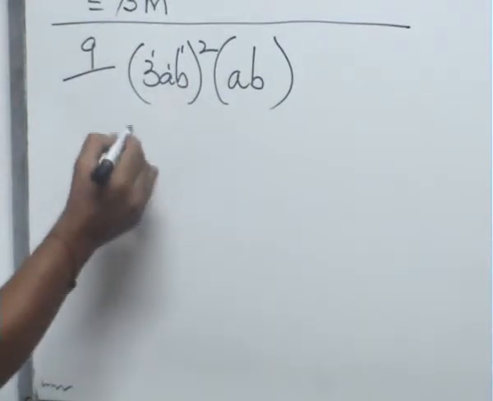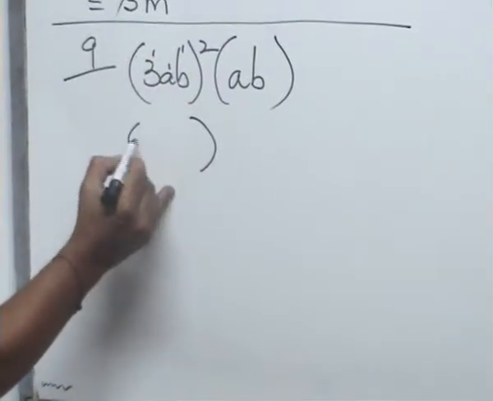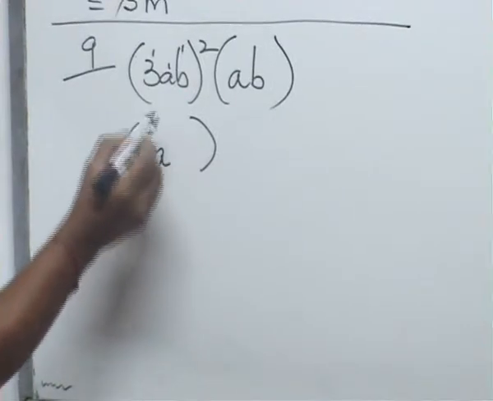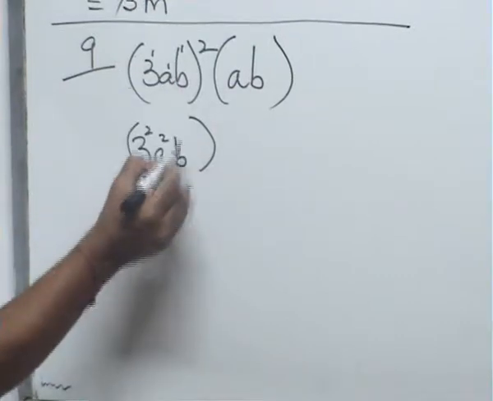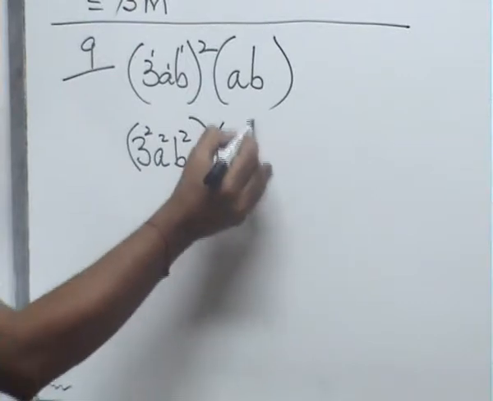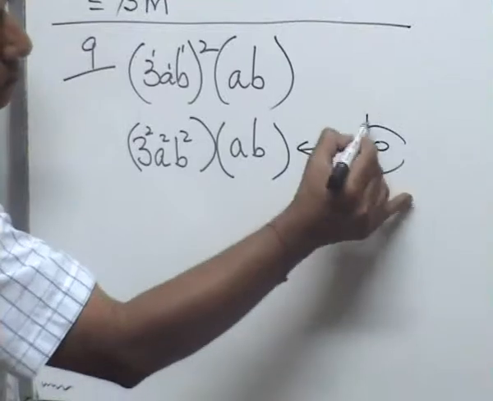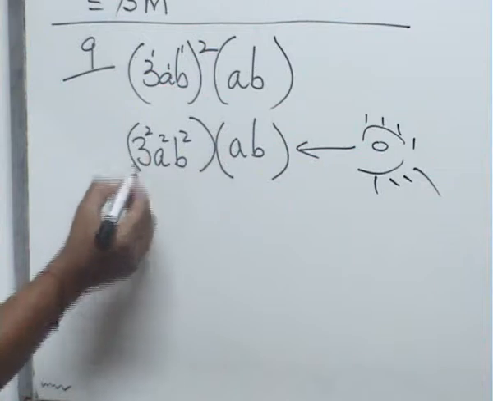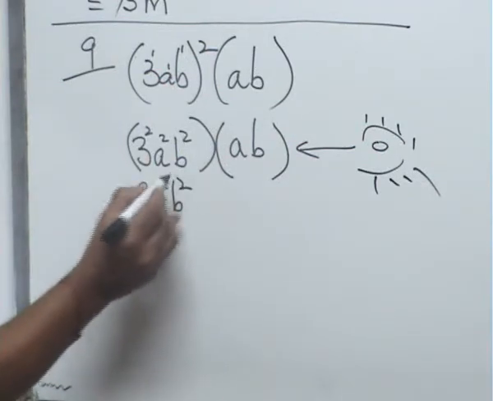So power to power rule will give me, and this answer I'm writing in the bracket, 3, 1 times 2 is 2. A, 1 times 2, 2. B, 1 times 2, 2. That one I'm just rewriting it there. Now when I'm looking here, I can see this is 3 squared, I can just make it 9. And I've got a squared, b squared.